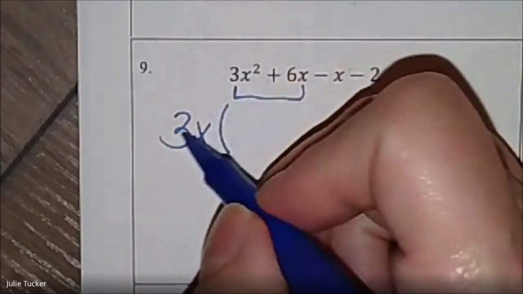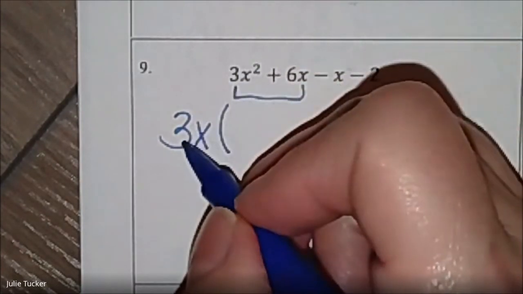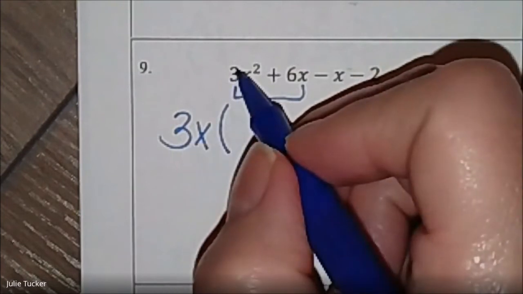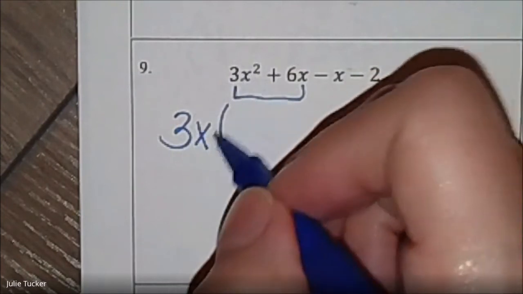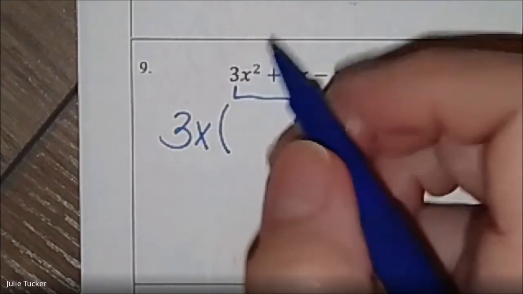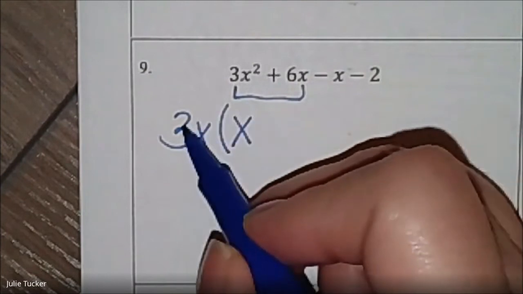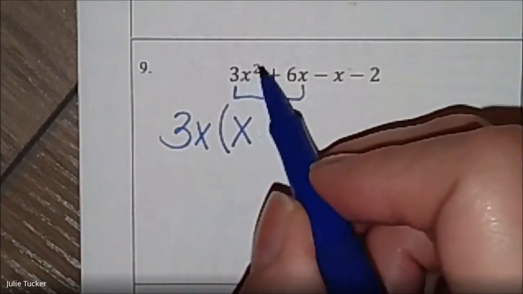Now, don't say 3x again. You've already got 3x. Think, what can I put right here? You don't need another 3 because you already have a 3. You just need to do something about the x. So that x times something gives you x squared. So you need another x here. Because when you multiply those two things, you'll get 3x squared.